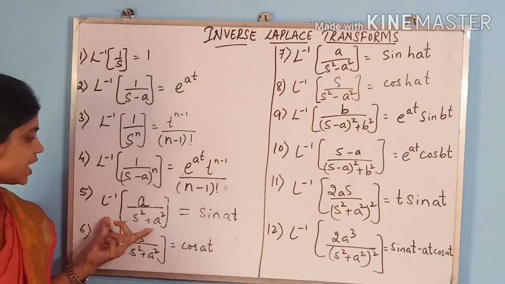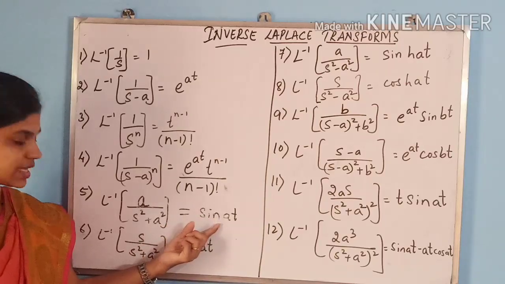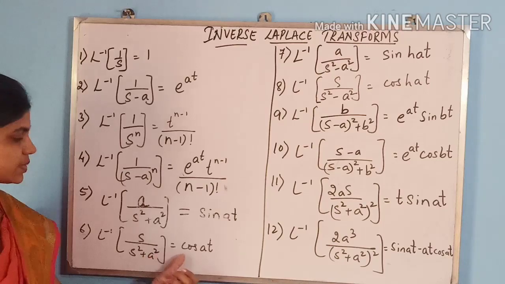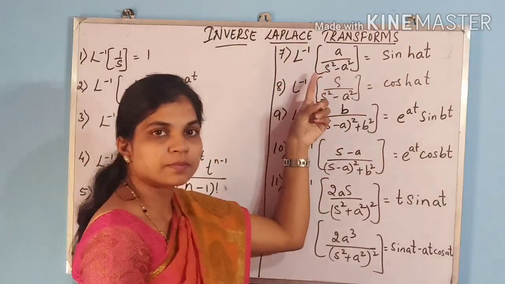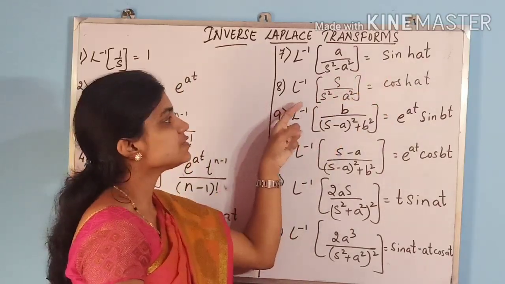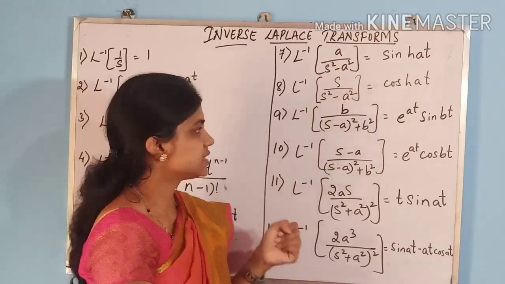Laplace inverse of a upon s square plus a square is sine at. Laplace inverse of s upon s square plus a square is cos at. Laplace inverse of a upon s square minus a square is sine hyperbolic at. Laplace inverse of s upon s square minus a square is cos hyperbolic at.